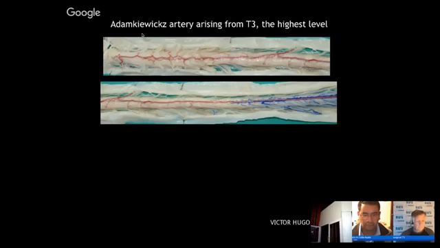This Adamkiewicz artery is arising from T3. You can go through all the nerves, beginning at the upper segment, C1, C2, C3, C4, C5, C6, C7, and then T1, T2, T3.